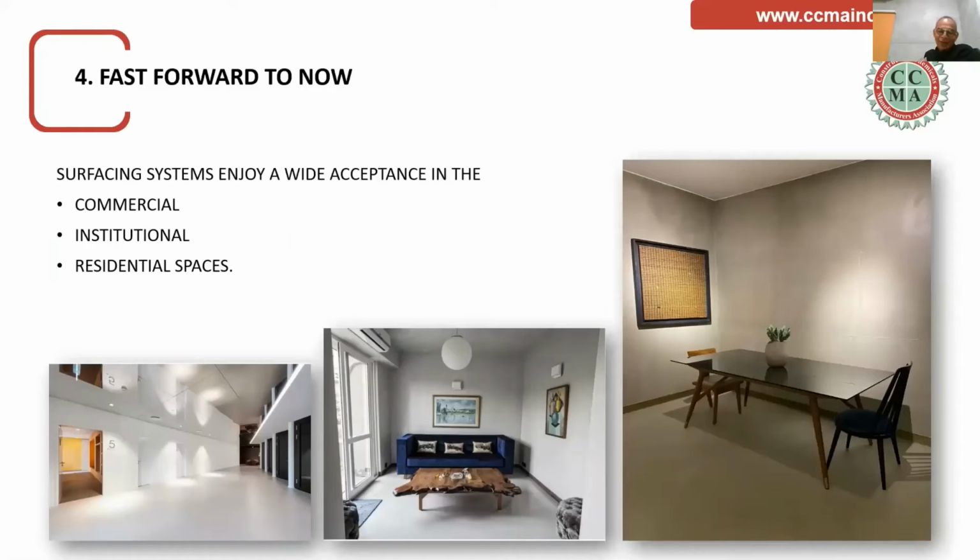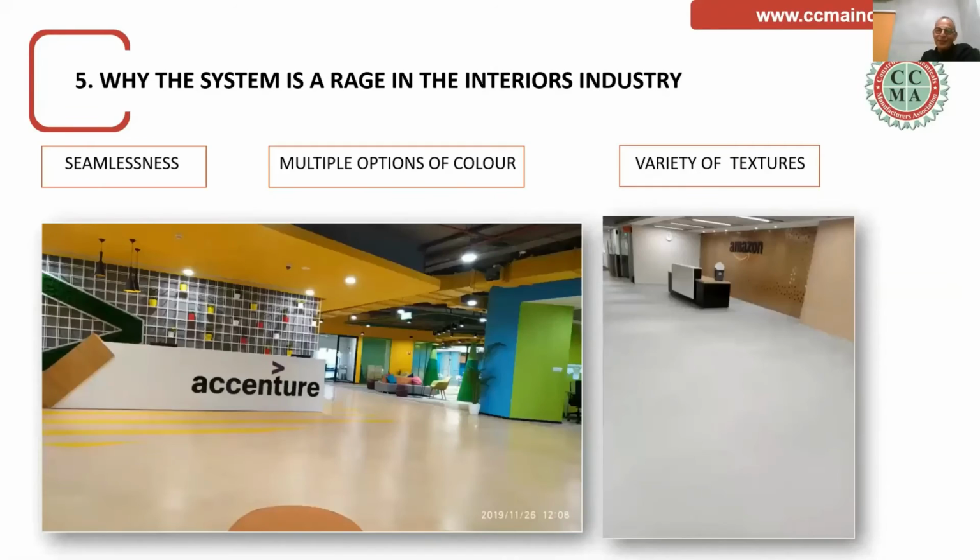Today, the technology is widely accepted by all segments of the construction industry, be it commercial, residential, or institutional. These floors and wall finishes are highly appreciated for their seamlessness. And they can be installed seamless nearly to the same extent as the sub-base.